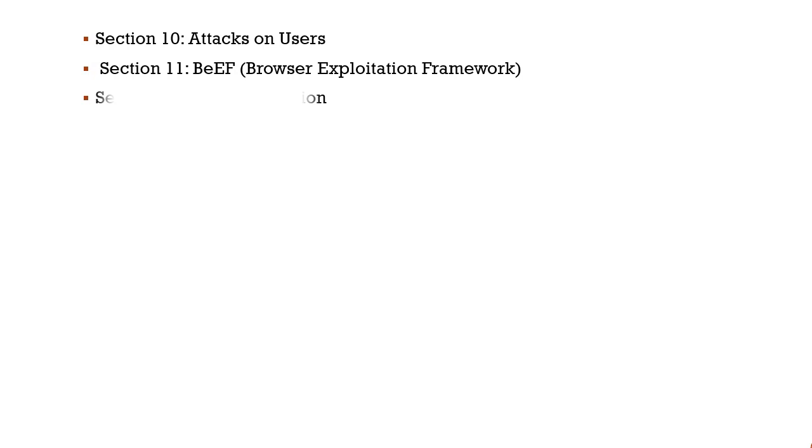Both of these. And in section 11, we will go with BeEF, the Browser Exploitation Framework. Here we will exploit the power of BeEF to hook targets, retrieve passwords, and execute backdoor deliveries, further expanding your penetration testing capabilities. And we will move to post exploitation.